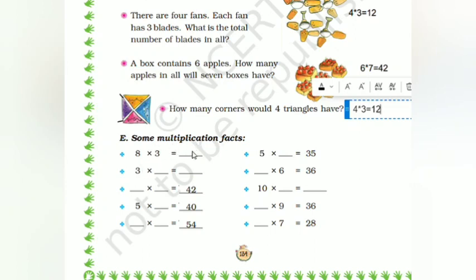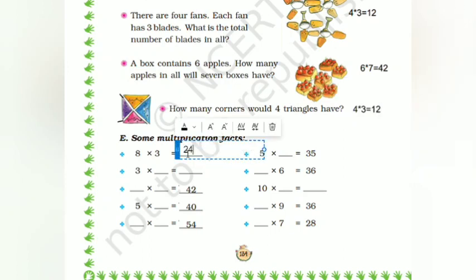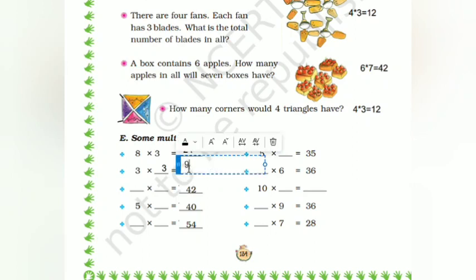Some multiplication facts. 3 into 5. How much? 15. 3 times 6, 18. 3 times 7, 21. 3 times 8, it is 24. 3 times dash is equal to 3. 3 times 3 is equal to 9.